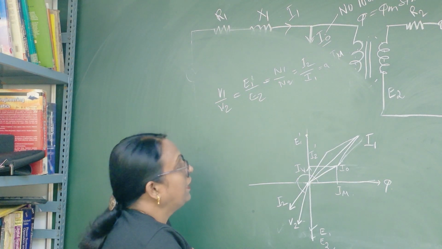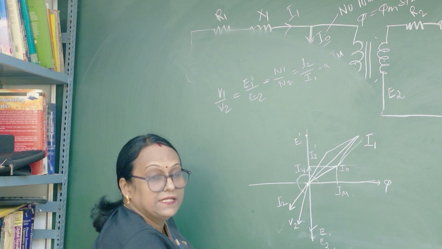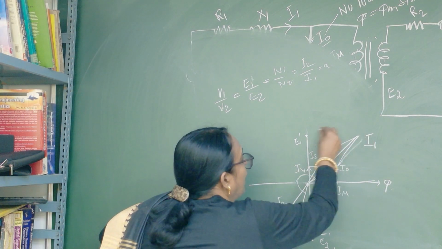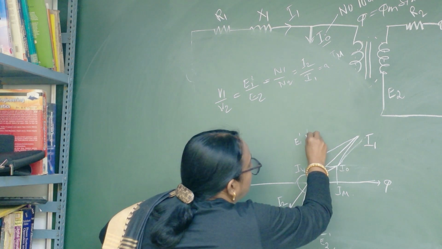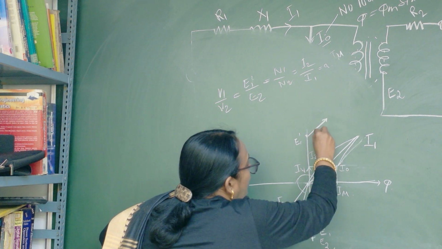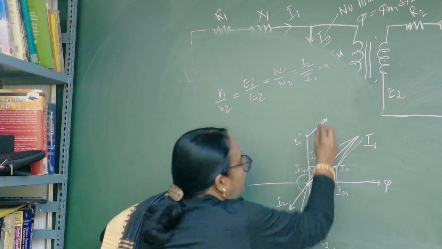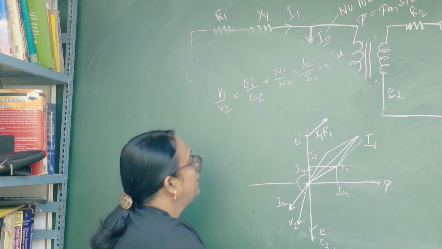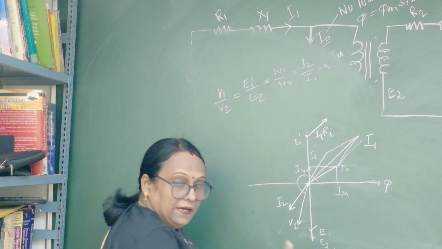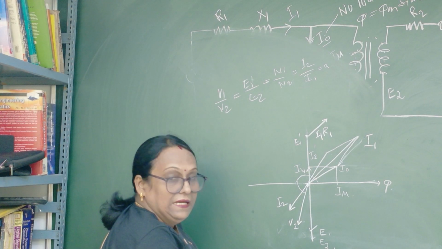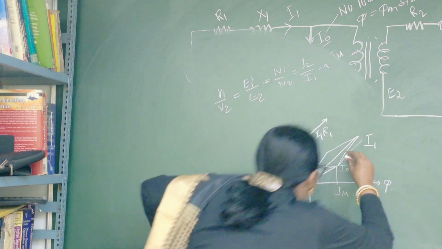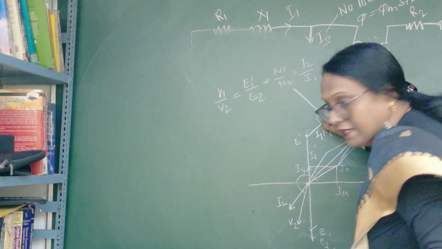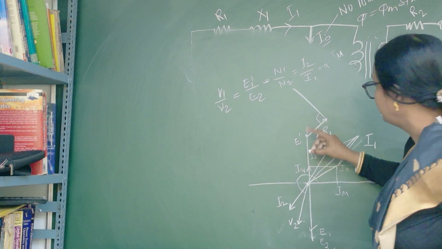Then you draw the drop for the primary winding. What is it? I1 R1. I1 R1 will be in phase with I1, so parallel to this I1, you draw I1 R1. Next, the inductive drop leads by 90 degrees, so this is 90 degrees.